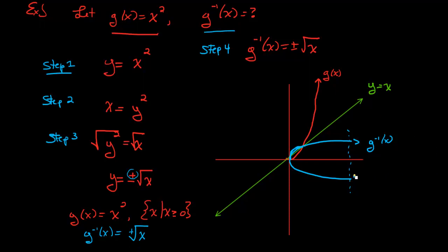And now when I erase the negative square root of x, notice I still have symmetry along the line y equals x, but now my inverse is also a function. So notice I had to restrict my original function such that its domain guaranteed us an inverse that is also a function.